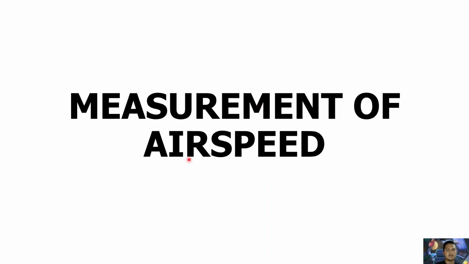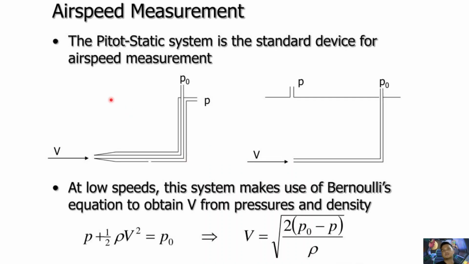So pag sinabi na measurement of airspeed, automatically kadikit niya yung word na pitot-static system or pitot tube. Pitot-static tube. Yung pitot-static tube or pitot tube, it is really important when it comes to flying.